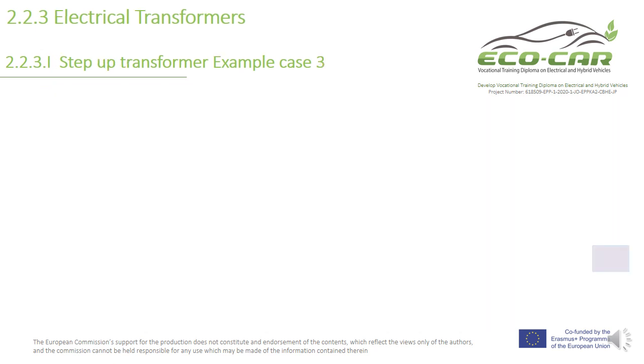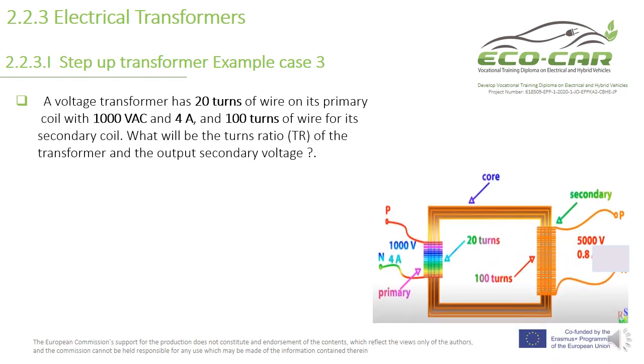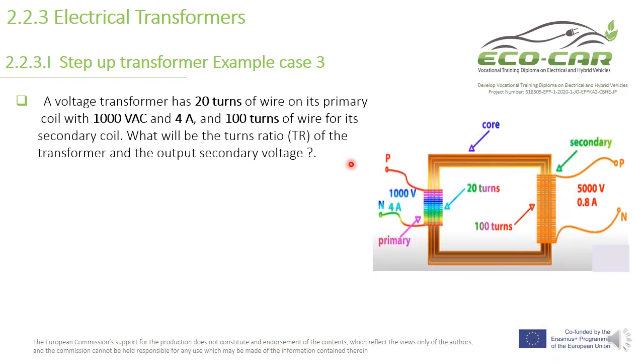Let's take another example, but instead of a step down transformer, let's see a step up transformer. See here, the transformer has 10 turns on the primary and 50 turns on the secondary.